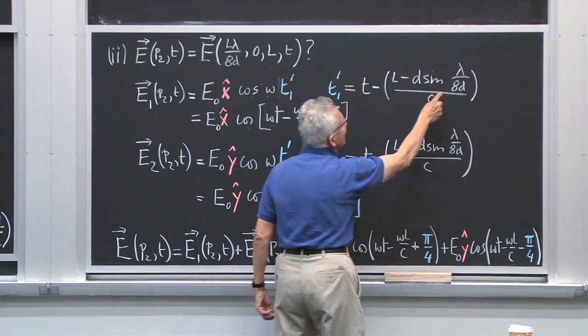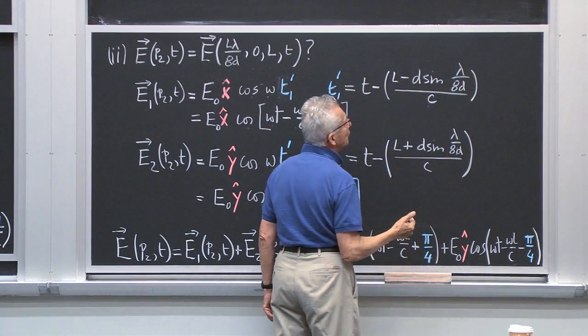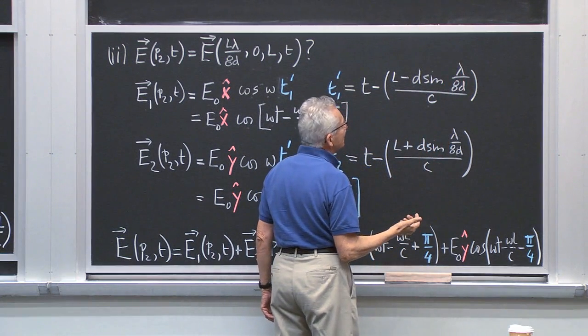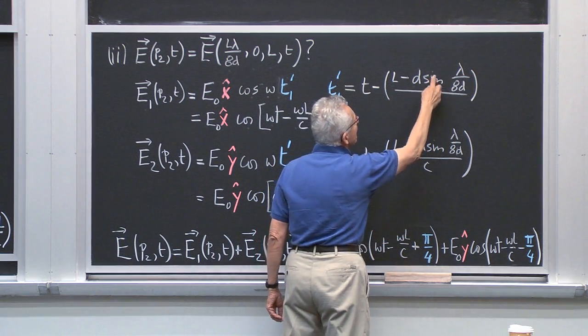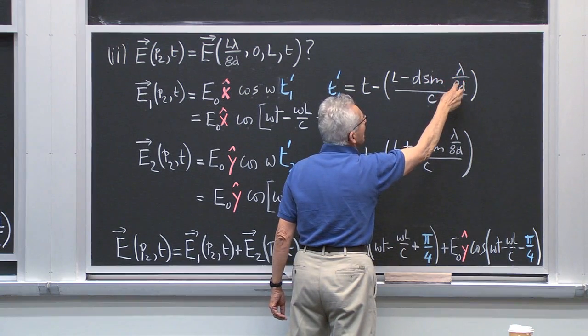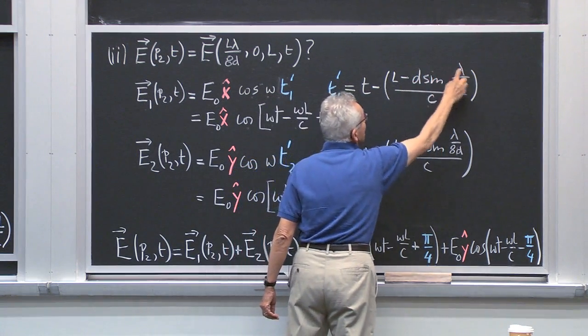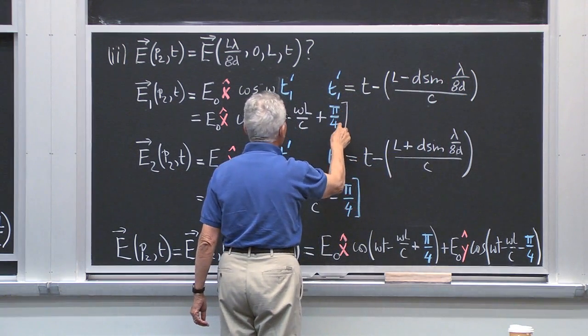And if you assume that this angle is small, and I told you that that's given in the problem, the sine of an angle is equal to an angle, approximately, if they're small. And if I multiply all this out, I simply get an angle here. Okay, and that's pi over 4.